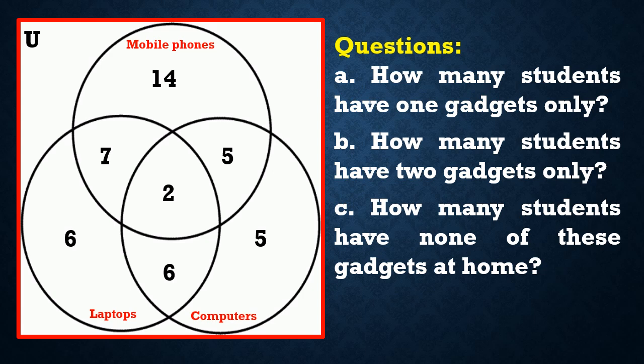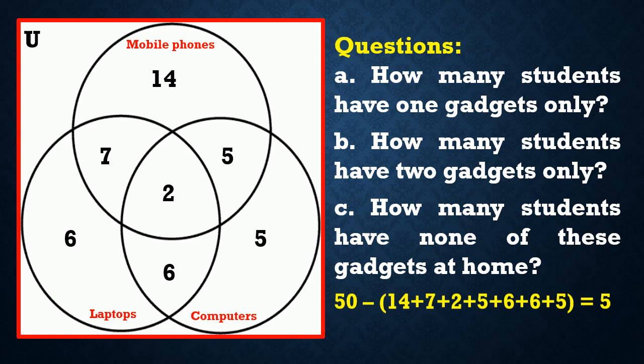Now, the last question, how many students have none of these gadgets at home? So, ang gagawin lang natin, i-add natin yung mga numbers na nasa loob ng tatlong circles na to, yung 14, 7, 2, 5, 6, 6, 5. And then yung sum nung mga numbers na yon, isusubtract lang natin sa universal set, yung total number of students.